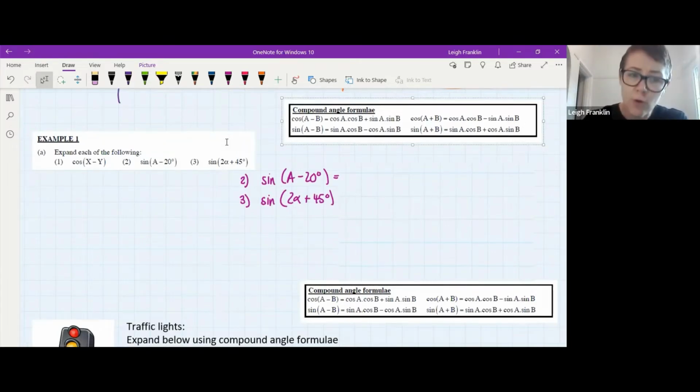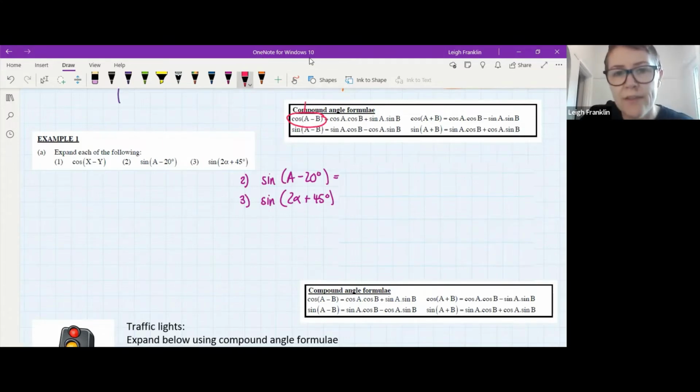There are 4 of them, and each one consists of an angle minus another angle or an angle plus another angle. We only look at sine and cos in the CAPS syllabus. When we first talk about compound angle formulae, we are basically just learning how to expand them. What we see here on the left-hand side is the reversal of the expansion.